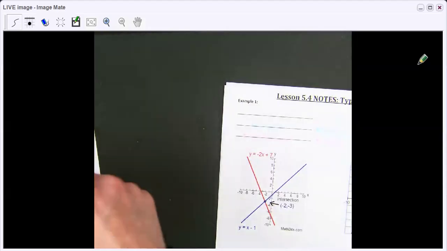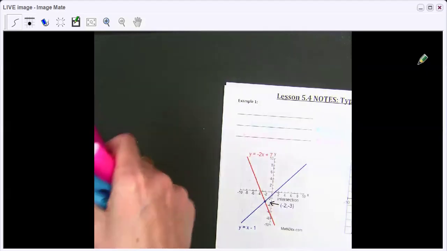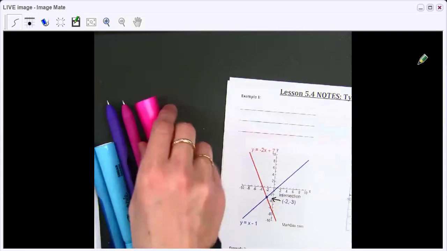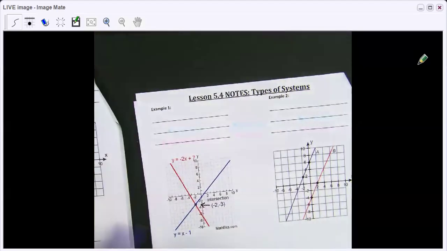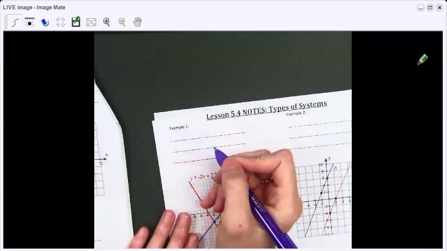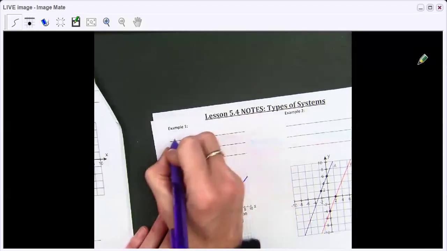We have three different types of graphs, and all we're going to do is identify whether they're inconsistent or consistent, dependent or independent, and how many solutions they have. So if I go back to page 1, independent means they're their own separate line, dependent is the same line. So would this be independent or dependent? Independent.